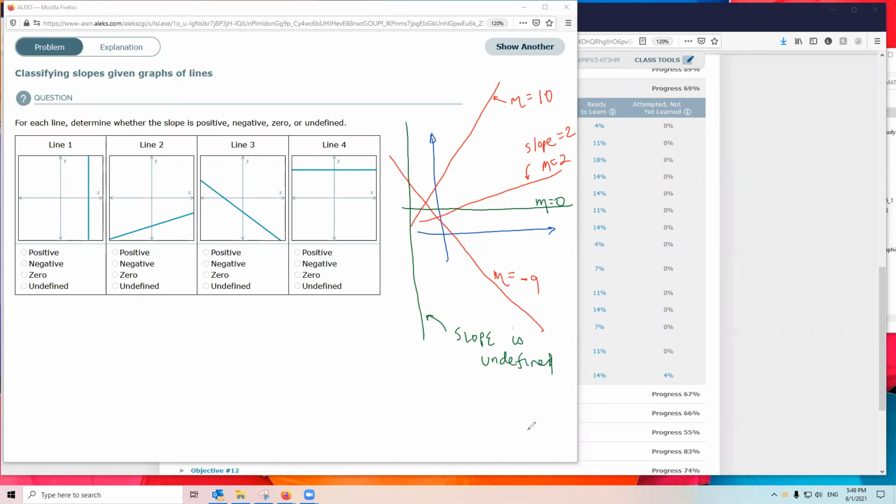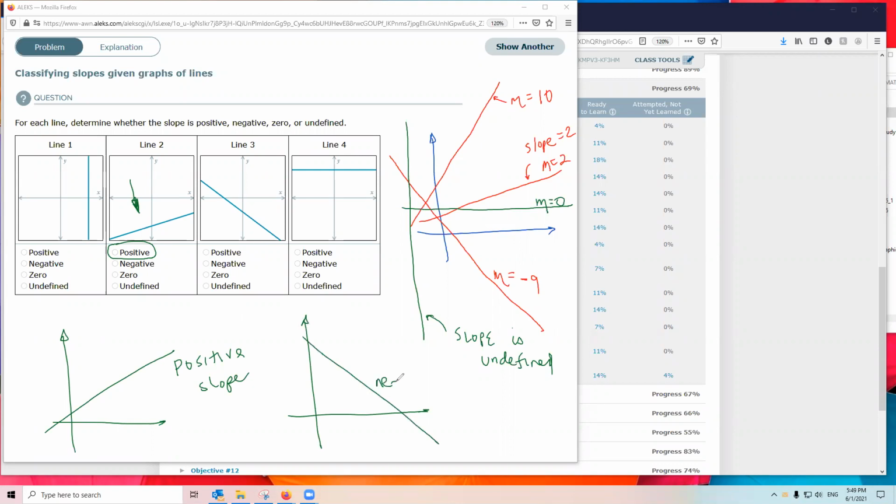Okay, so if a line goes uphill like this, it's going to be a positive slope. So for this line here in this diagram, because it's going uphill from left to right, we would say it's positive. If a line is going downhill from left to right, this is going to be a negative slope.